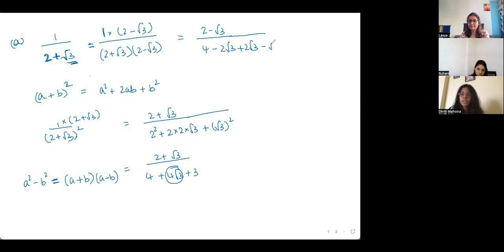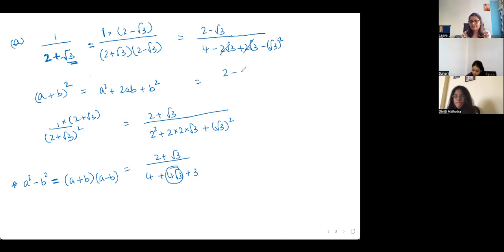Minus root 3 square. Yes. Actually, instead of doing that, that's why I made you guys do this identity. उस फॉर्म में है ना a plus b into a minus b. So you can directly write. अच्छा, so a square minus b square, 2 square minus root 3 square. Essentially, that's where it comes from. ये दोनों cancel हो जाएंगे.